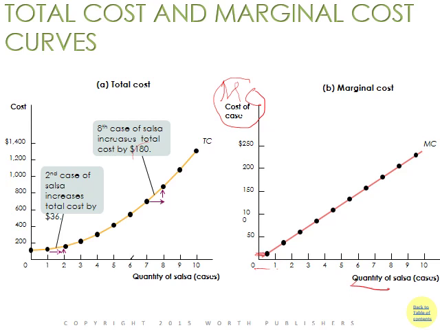When output is between 1 and 2, our marginal cost is equal to $36. And here again it shows that when our output is between 7 and 8, the 8th case of salsa, our marginal cost is $180.